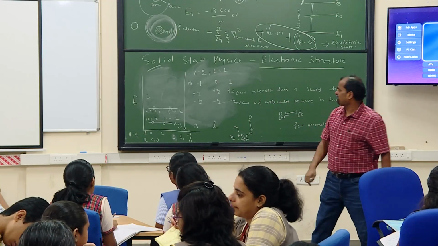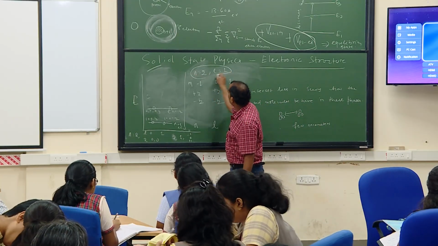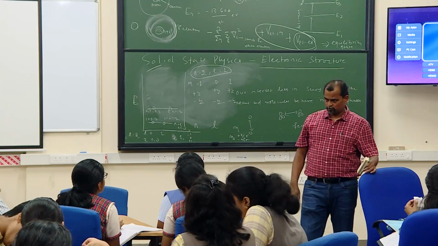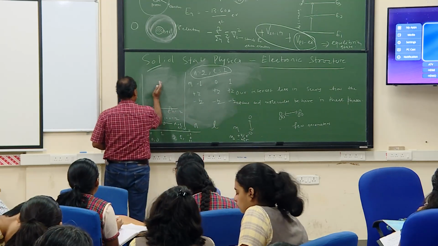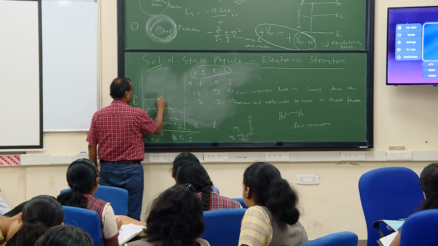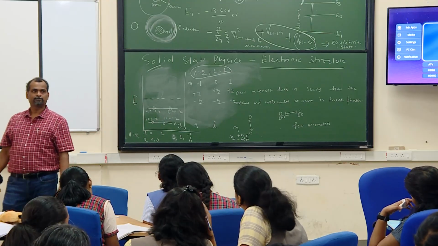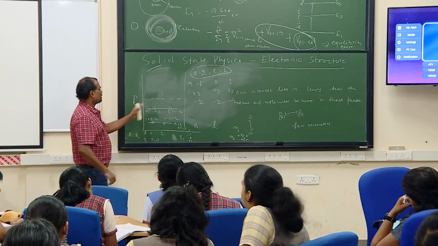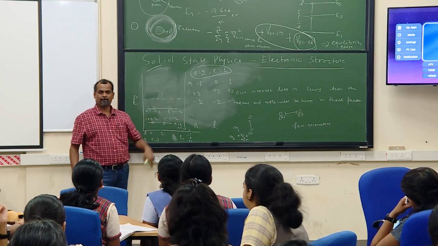So how many electrons can you occupy for N equal to 2, L equal to 1? 6 electrons. So in fact there are 6 states. We can break them into pieces. Correct? Okay. So where will these electrons go? Which state will they occupy?